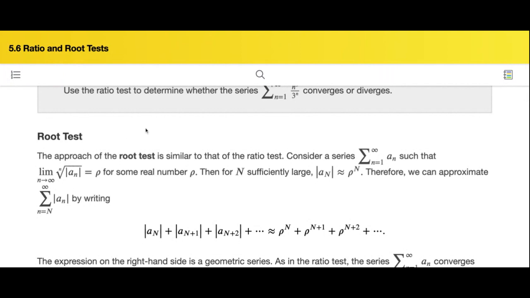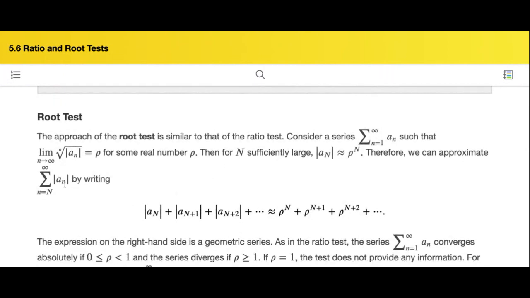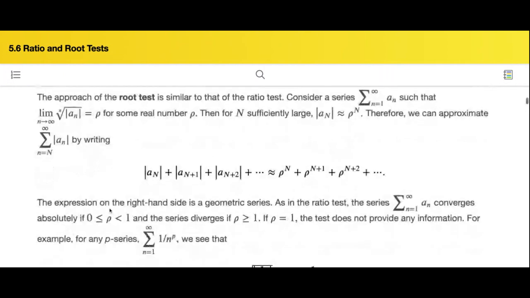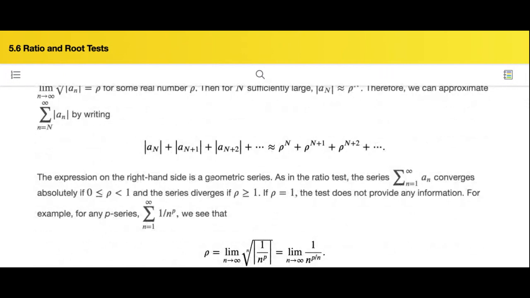Before, we took a ratio of the next two terms, but now we're going to take the nth root of the absolute value of the term. Then for n sufficiently large, the absolute value of a_n approximately equals rho raised to n. Therefore, we can approximate the absolute value of a_n by writing it like this.